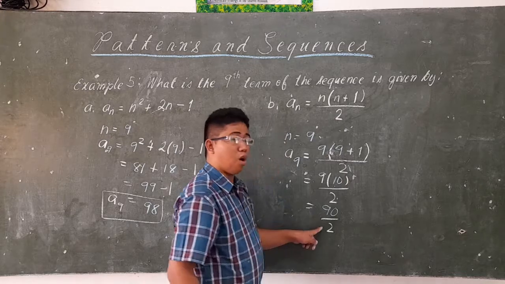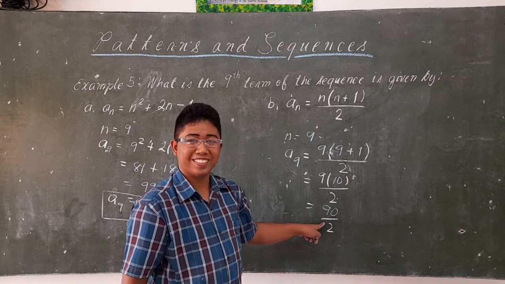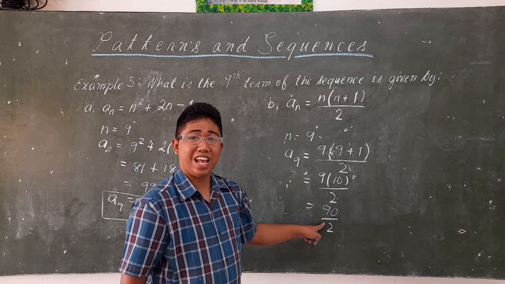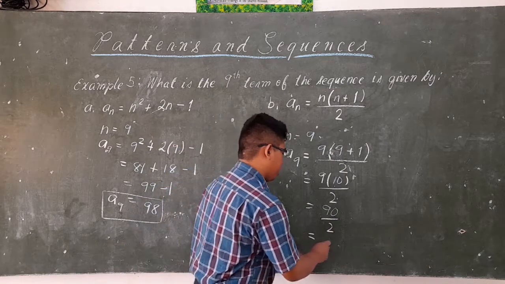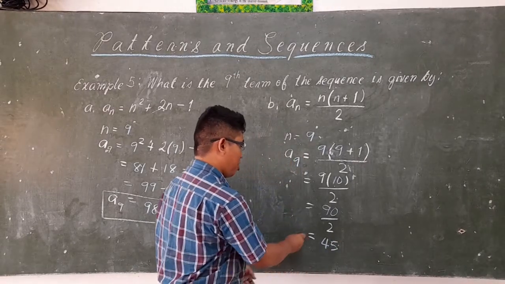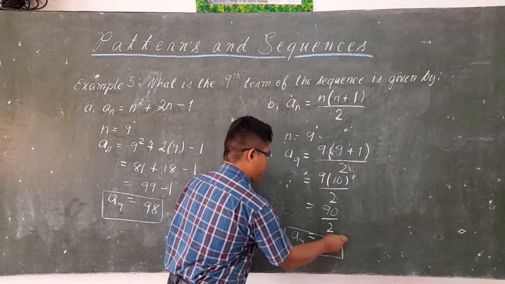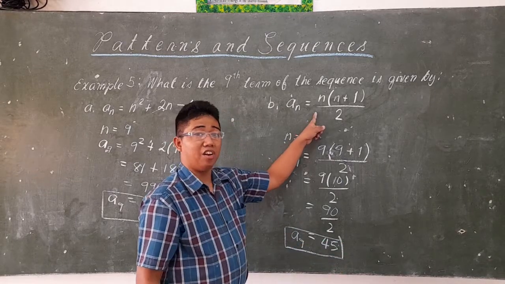What is the quotient when the fraction 90 over 2 is expressed? The correct answer is 45, half of 90. Therefore, the ninth term in the given sequence is 45.